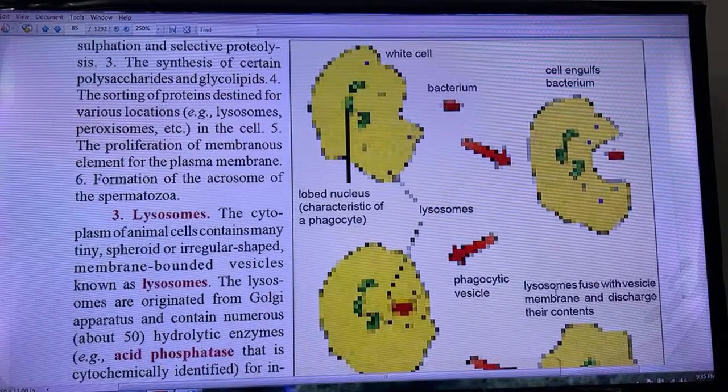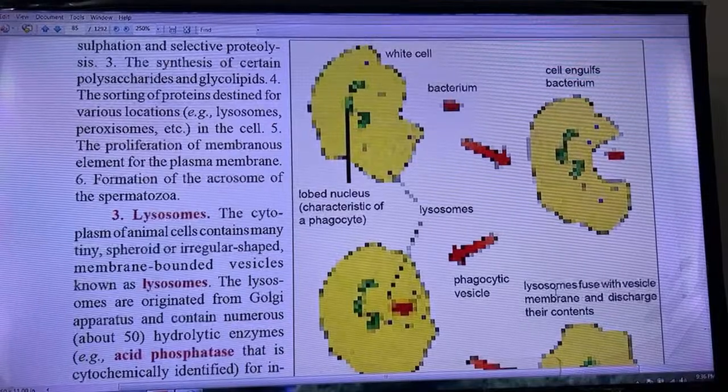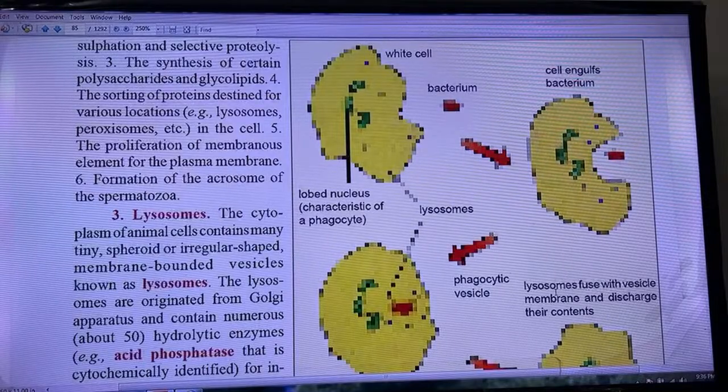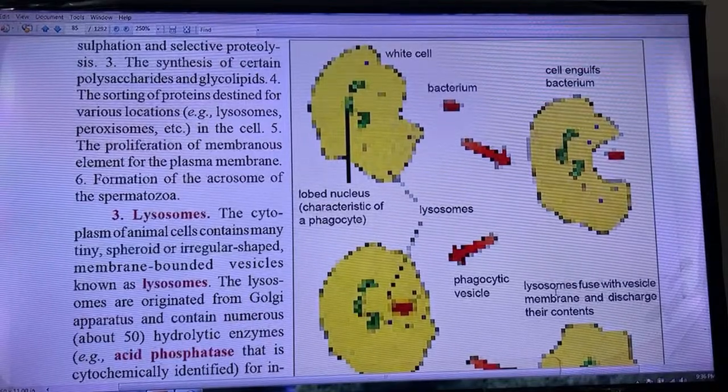The synthesis of certain polysaccharides and glycolipids. The sorting of proteins destined for various locations, lysosomes, peroxisomes, etc. In the cell, the proliferation of membranous elements for the plasma membrane, and formation of the acrosome of the spermatozoa.